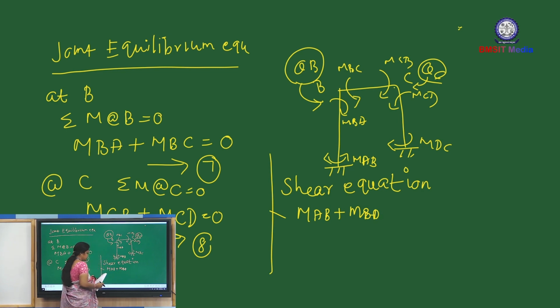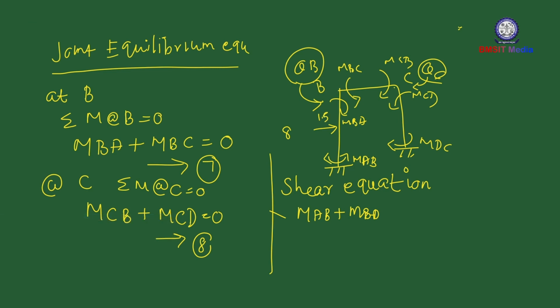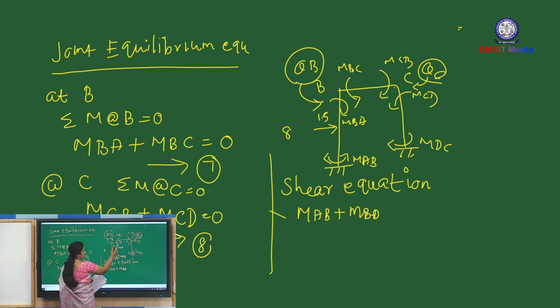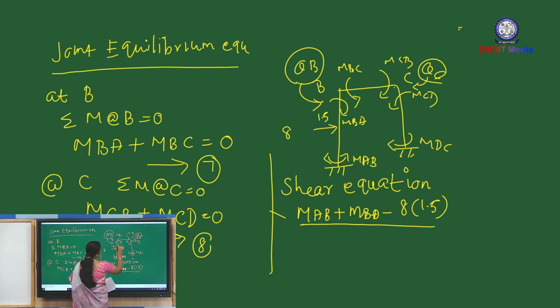Is any lateral load acting here? Yes, the lateral load of 8 kilonewton is acting, 1.5 meter distance from B. So MAB plus MBA, then minus 8 into 1.5, divided by the total height of the column, which is 3 meter.